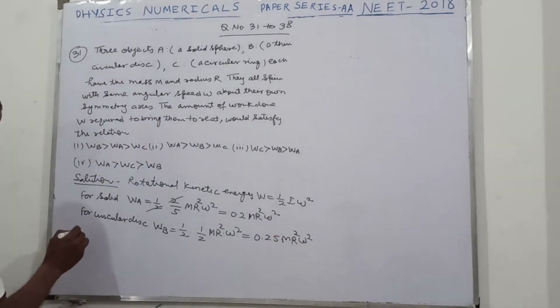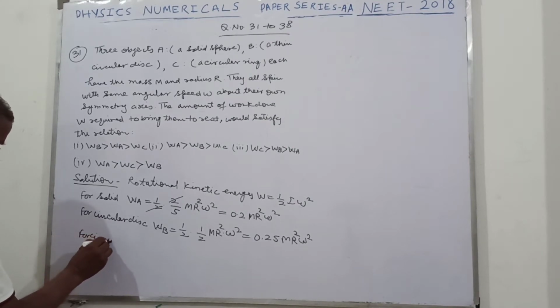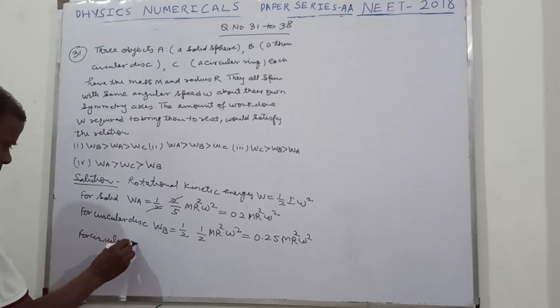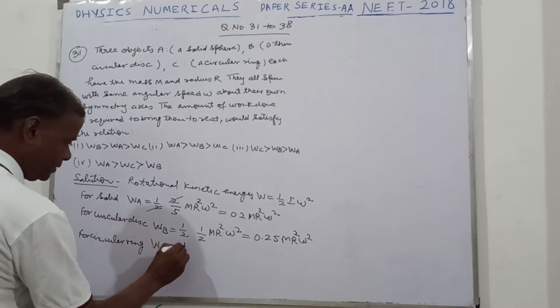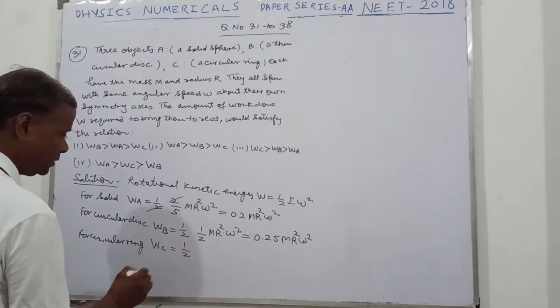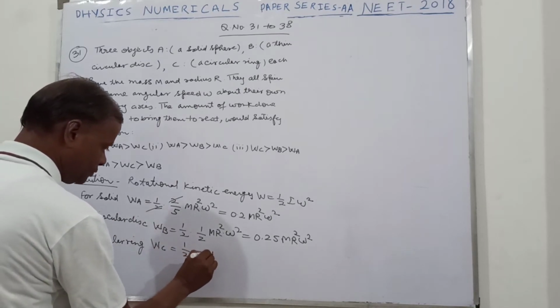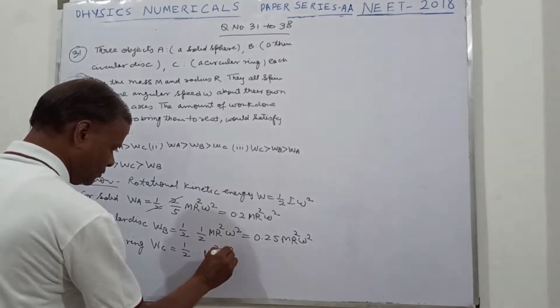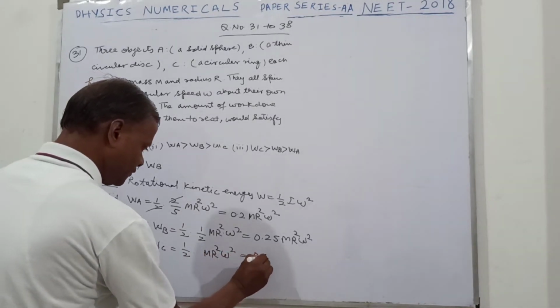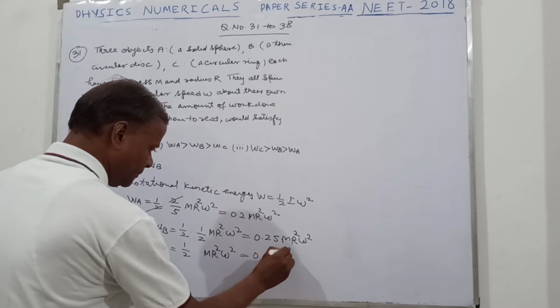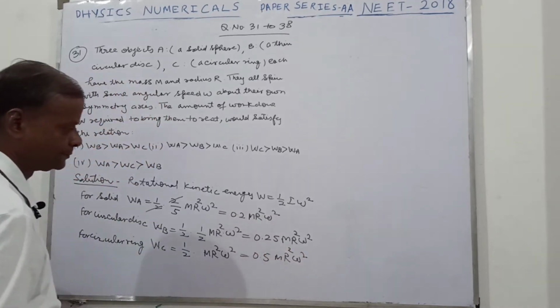And then the circular ring: WC is equal to 1 by 2, and for the ring I is mr square, into omega square. So this is 0.5 mr square omega square.